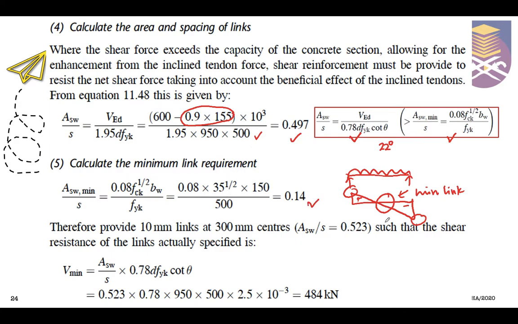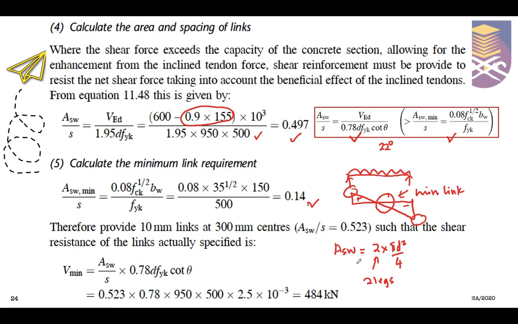Please bear in mind that this ASW value in a beam section can be calculated using this equation, where we have 2 times pi d squared over 4. Here d is the diameter of the link, and the 2 is considering the two legs of the link, so we are considering the cross-sectional area of the link.